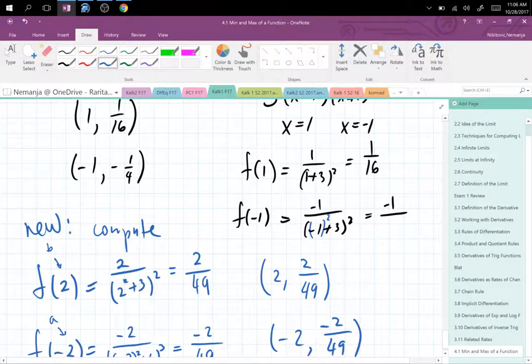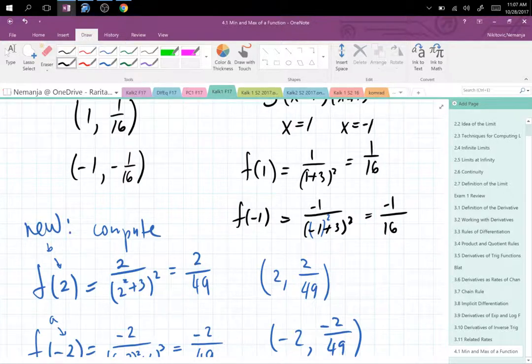So it's still 1 over 16, but it's negative, because negative 1 squared is positive 1, plus 3 is 4. 4 squared is 16. So it's negative 1 over 16. All right. I have 5 points.